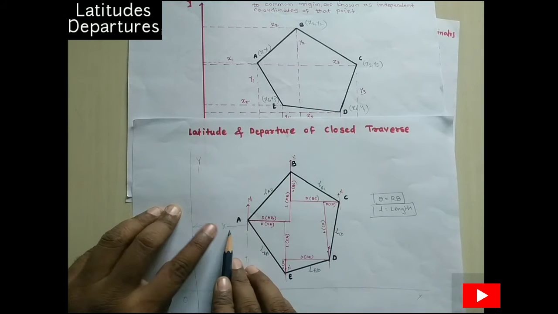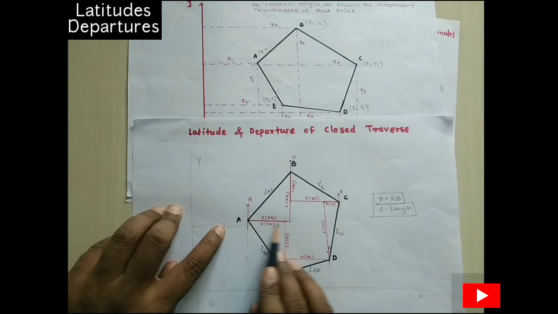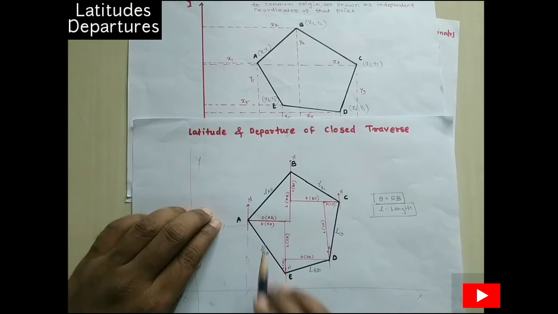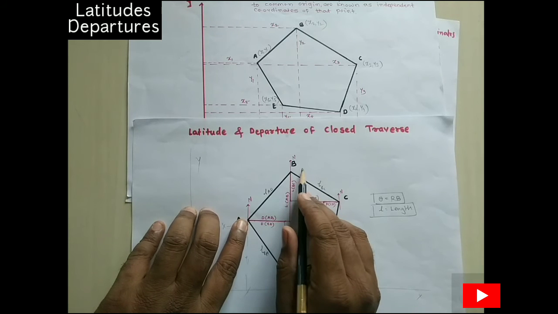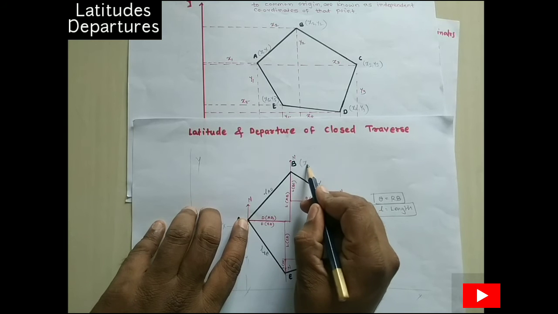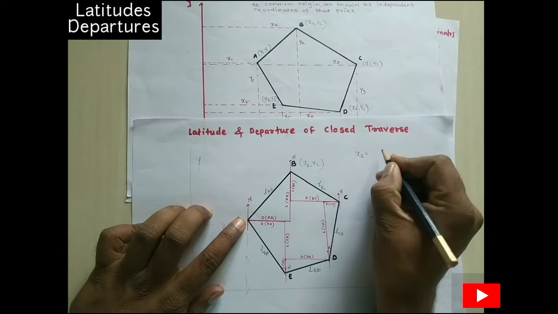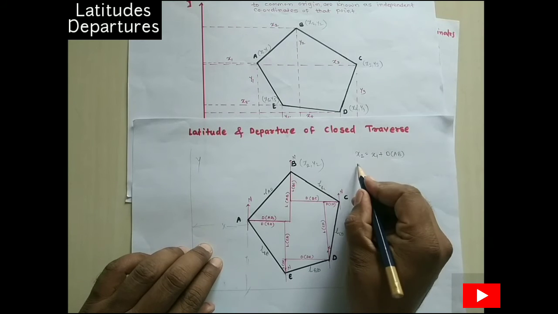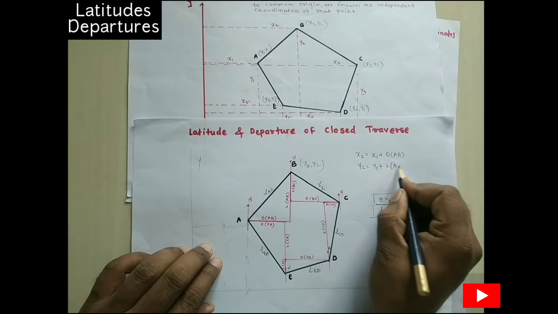So x1 plus the departure of AB gives the x coordinate of B. Similarly, y1 plus the latitude of AB gives the y coordinate of B. So I can directly write x2, y2: for x2 you have to do x1 plus departure of AB, and for y2 you have to do y1 plus latitude of AB.